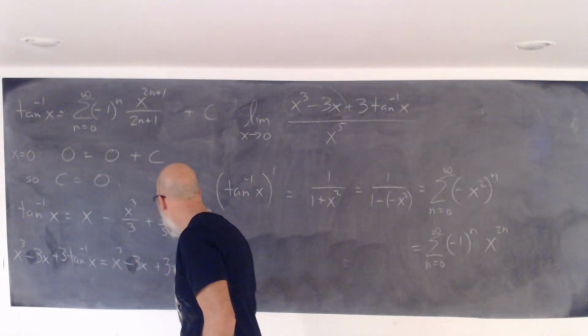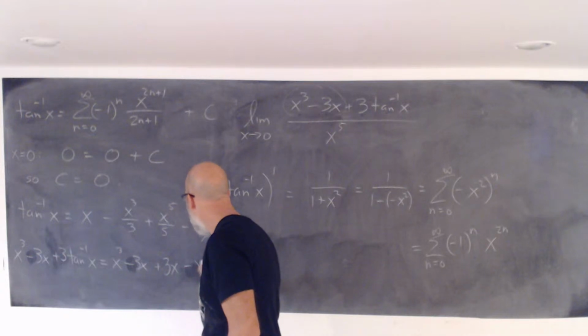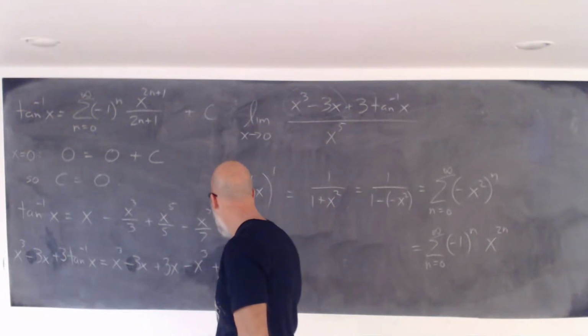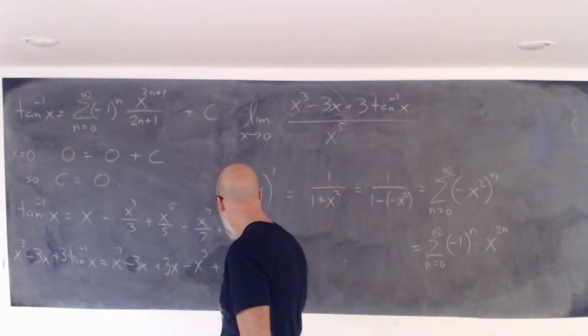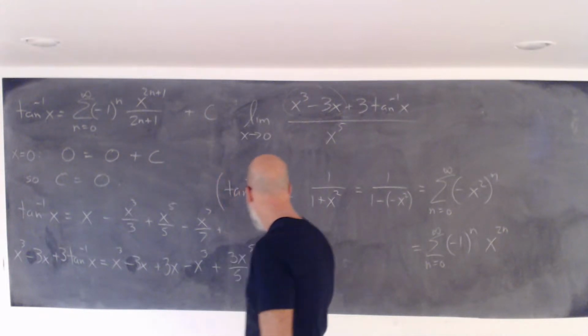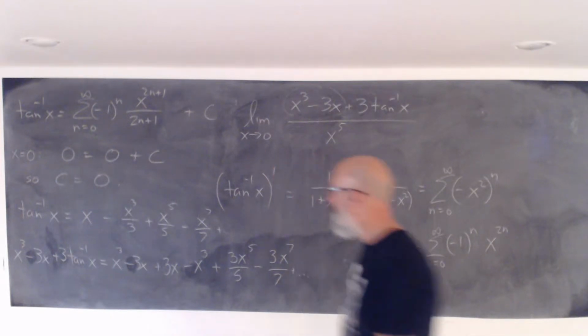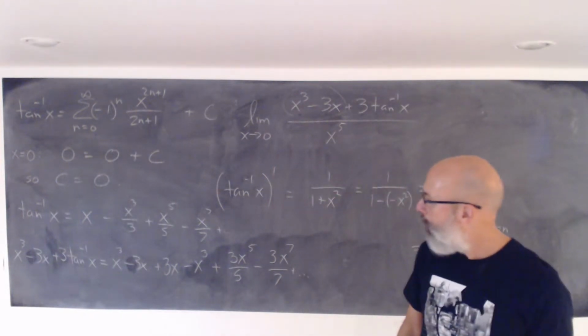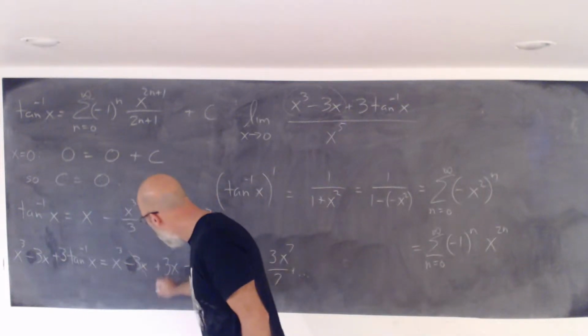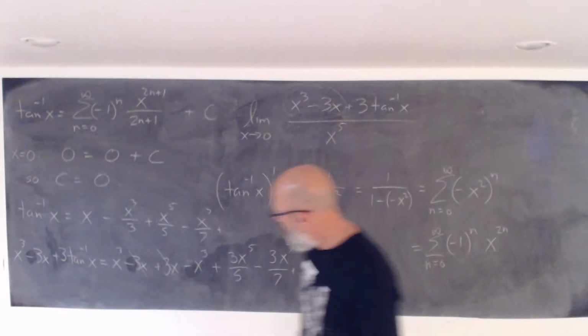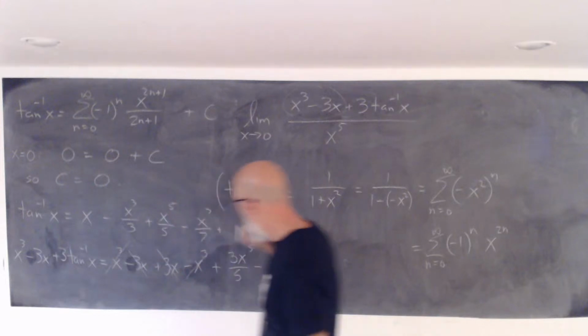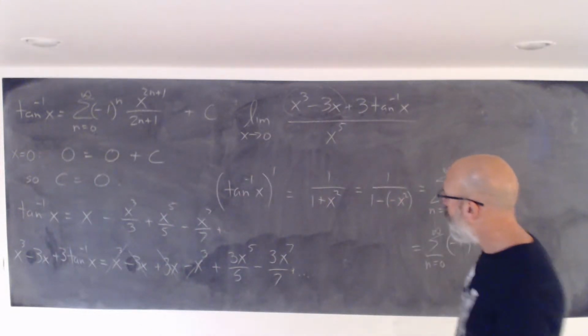So plus 3x minus x cubed plus 3x to the 5 over 5 minus 3x to the 7 over 7, and so on and so on. And miraculously, these cancel out, and these cancel out.